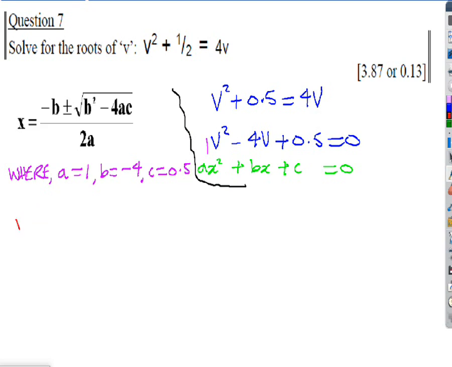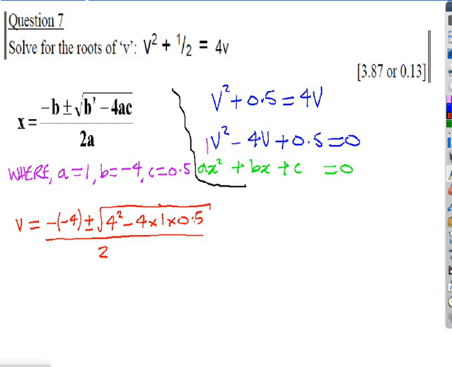So in this case v will equal to the negative b, so that's negative the negative 4, plus or minus the square root of the b squared, so 4 squared minus 4 multiplied by the a, which is 1, multiplied by the c, which is 0.5. And of course it's all divided by, in this case, 2 times a, so that's 2 multiplied by 1.